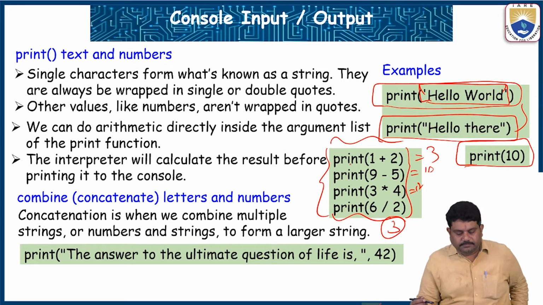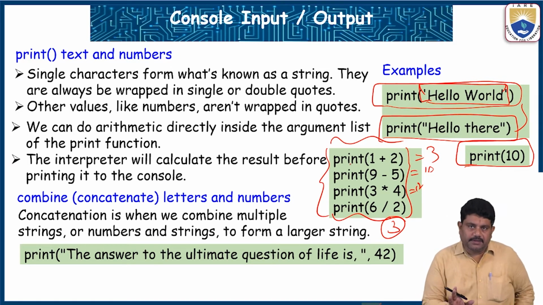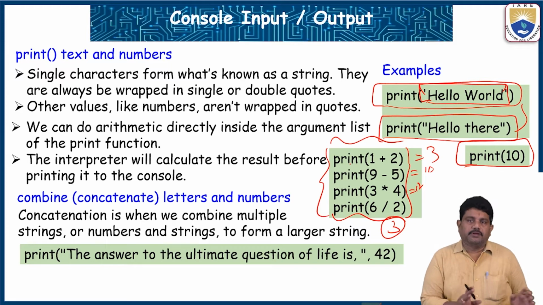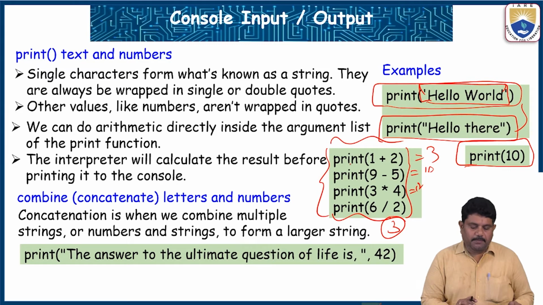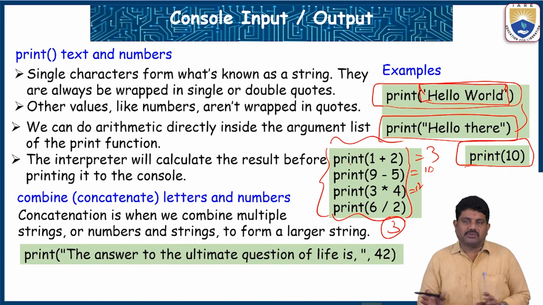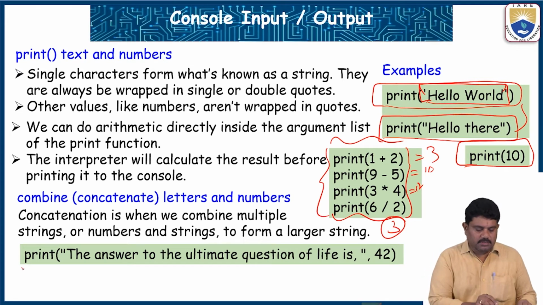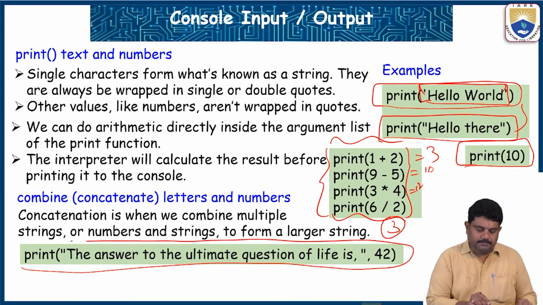We can even concatenate or combine strings and numbers. Sometimes it is required to display strings and numbers combined, and the print function can concatenate both. See here, this is the example of how I am printing.